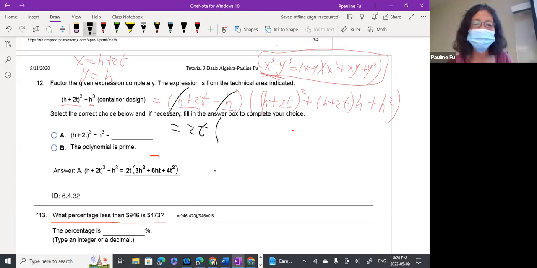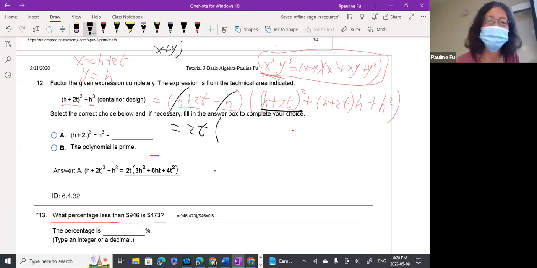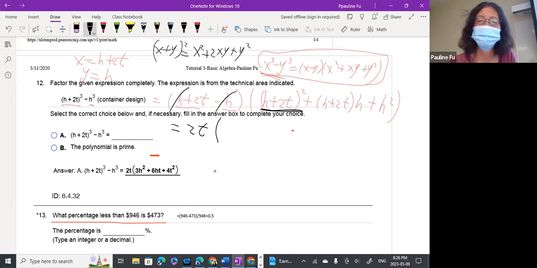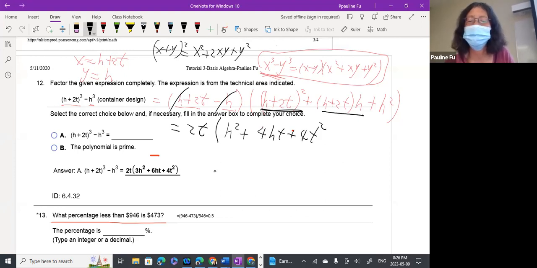And then inside the bracket, you use the formula x plus y squared equals x squared plus 2xy plus y squared. So x squared gives 4ht, 4t squared. For this one, you multiply by h, 2th. Last one, copy down h squared.